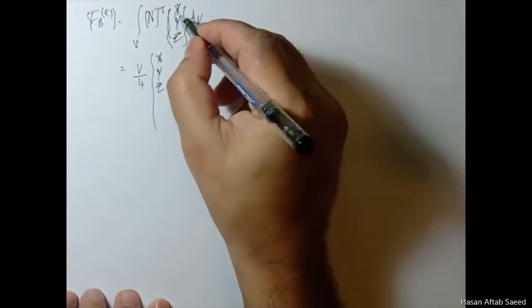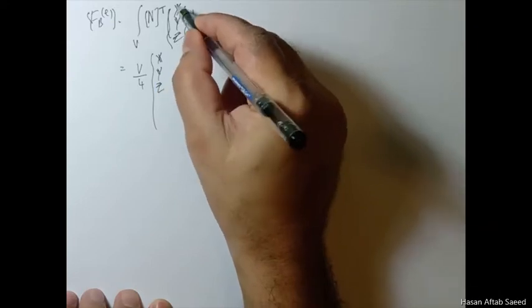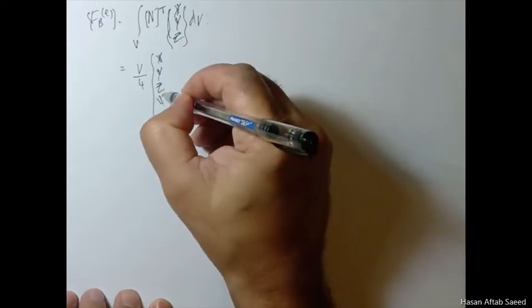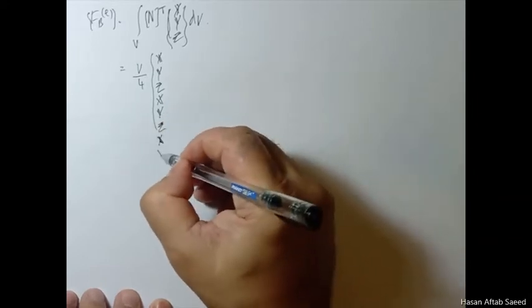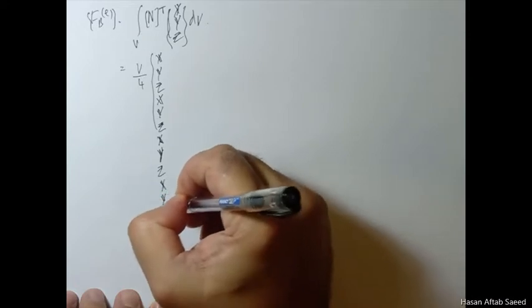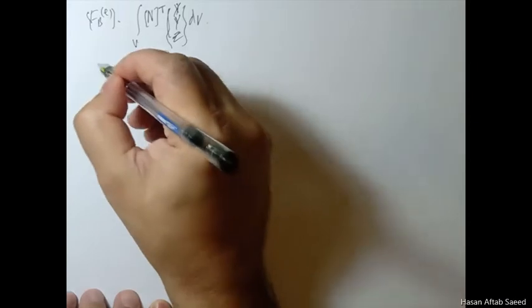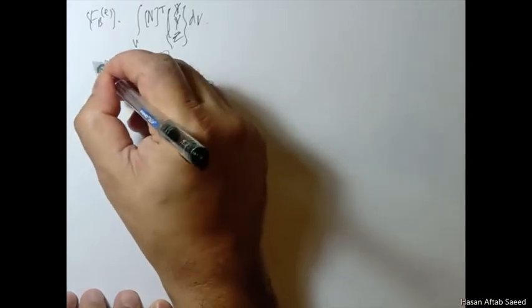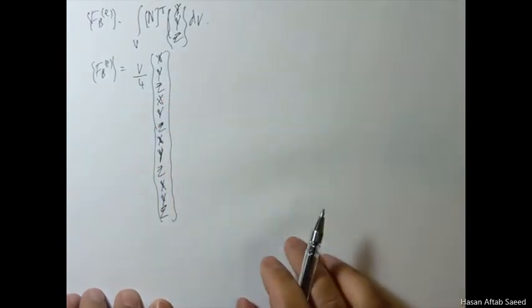Now here, unlike the 2D case where we only had x and y, not z, and in 1D where there was just x, here you have all three. Again 12, and very simple treatment from here to here, so you should verify it for yourself.